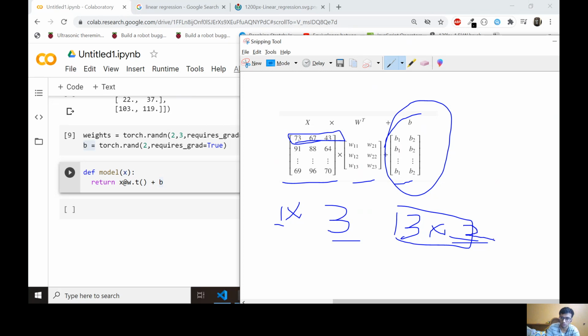Why? Because 73 will multiply with W11, 67 with W12, and 43 with W13. This will give the value of apples. Now we want oranges as well. So 73 will multiply with W21, 67 with W22, and 43 with W23 to give us B2. So that's how it's rolling.